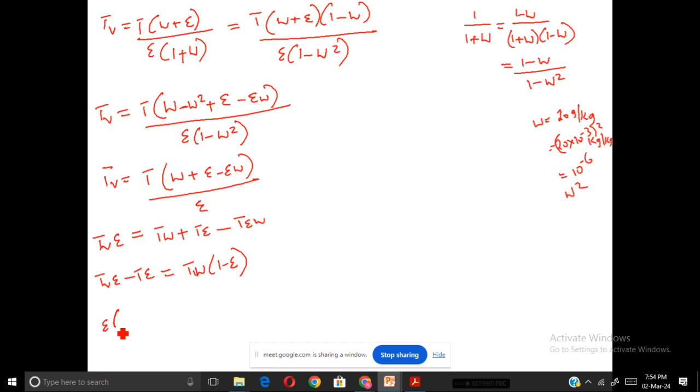So if we take epsilon outside, TV minus T, the difference between virtual temperature and actual temperature, is equal to actual temperature into mixing ratio into 1 minus epsilon. So TV minus T can be written as TW into 1 minus epsilon by epsilon.